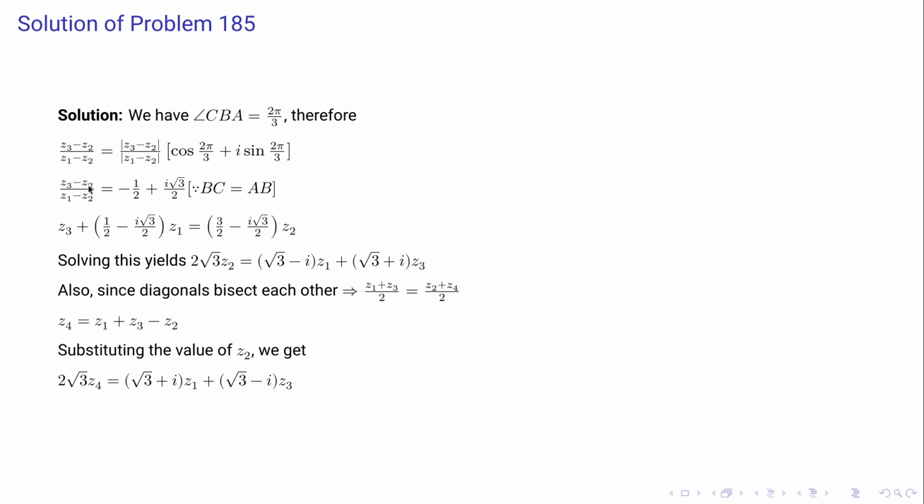So you can say that (Z3 minus Z2) by (Z1 minus Z2) is equal to minus half, which is cos 2 pi by 3, plus i root 3 by 2, which is sin 2 pi by 3. And thus we have our first desired result. And since the diagonals bisect each other, we have (Z1 plus Z3) by 2 and (Z2 plus Z4) by 2. So we have Z4 equal to Z1 plus Z3 minus Z2, and we have the value of Z2 from here, we substitute, and then we arrive at the desired result.